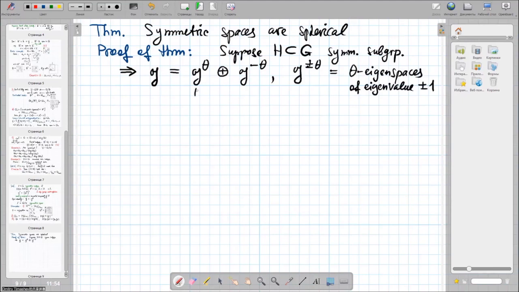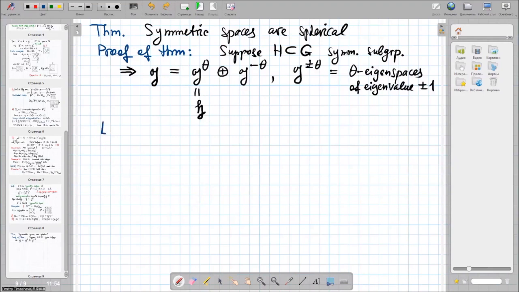And by the way, the eigenspace of eigenvalue 1 is exactly the Lie algebra of my symmetric subgroup. And this other eigenspace is some complementary subspace for h. Okay, so the first lemma, which I'll prove, and I think that I will stop my lecture after proving this lemma, because I will have no more time to do anything else for today.